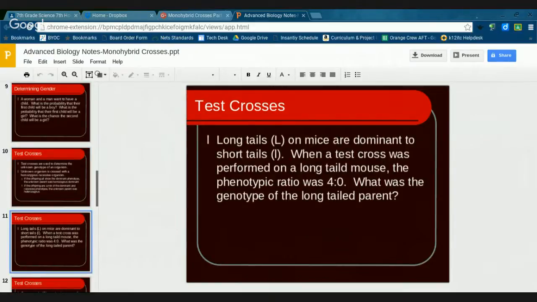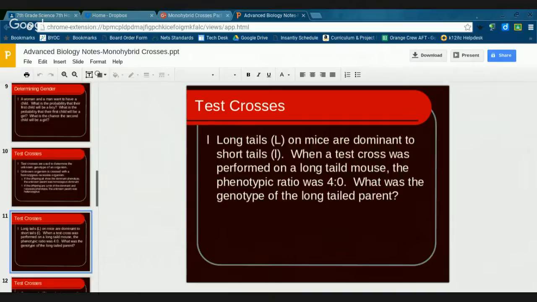Long tails on mice are dominant to short tails. When a test cross was performed on a long-tailed mouse, the phenotypic ratio was 4 to 0. What was the genotype of the long-tailed parent? Well, since they're all showing that dominant phenotype, the only way that's going to happen is if the unknown parent was homozygous dominant.